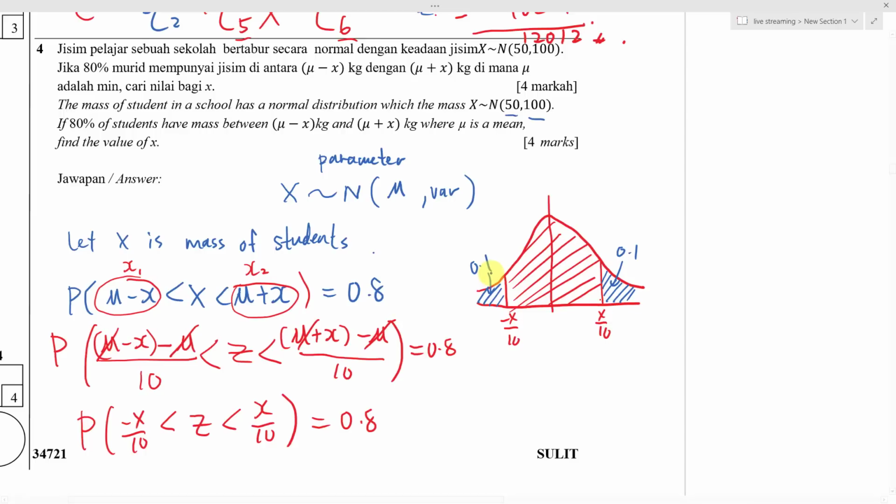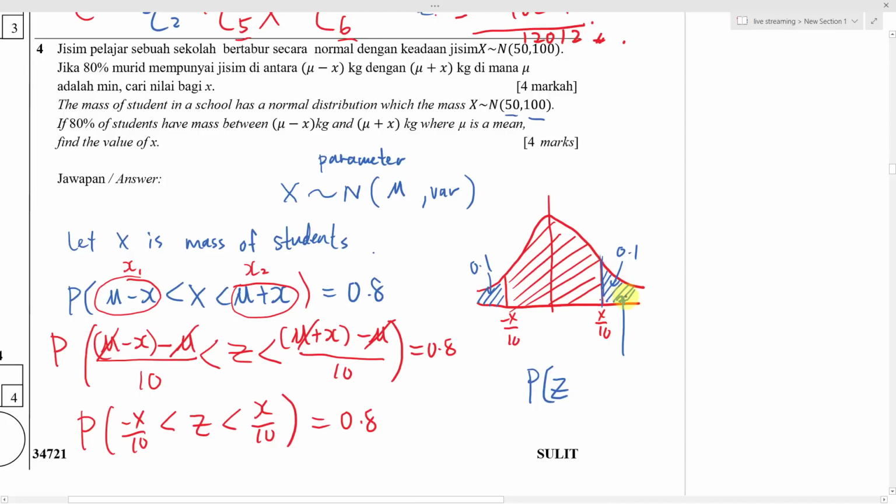So therefore, I will just take one of them to do, but I will always prefer to choose the positive one, because your table given has all z values positive. So how am I going to label here? I will say probability for z. You can see this is the line, x over 10.